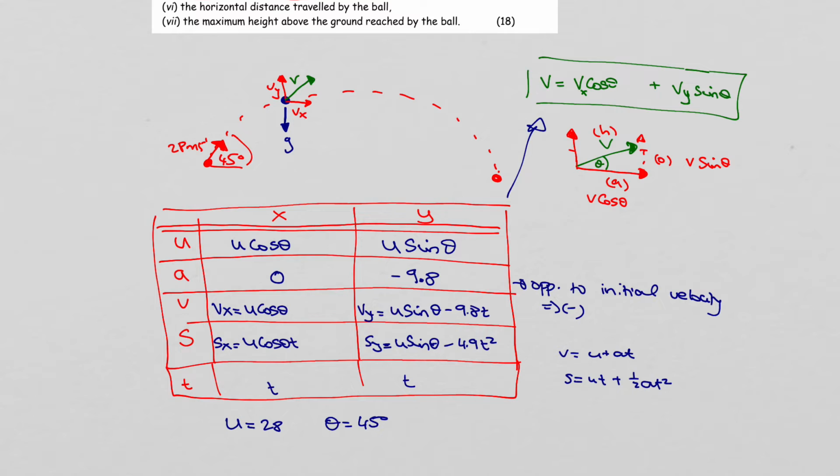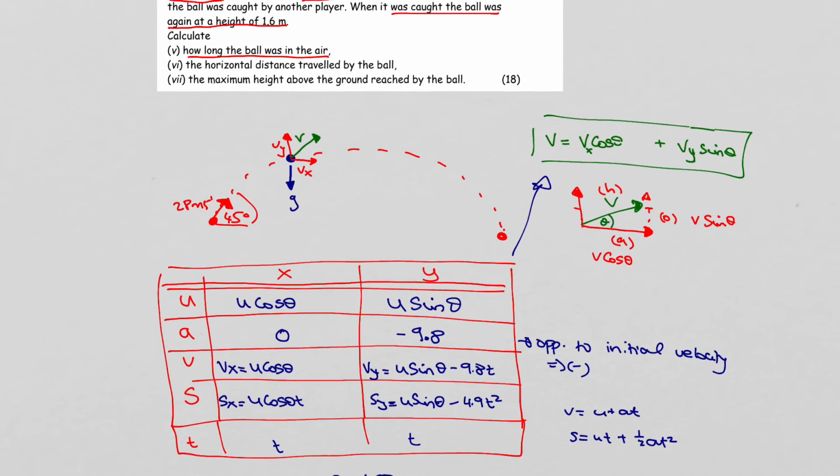And I could say it's u cos 45, u sine 45. In other words, 28 times cos 45 and 28 times sine 45. So we can actually sub those in. So you could actually write out that table in terms of u 28 meters per second and theta being 45 degrees. Okay, so I'm keeping it in terms of the formulas here for the moment.